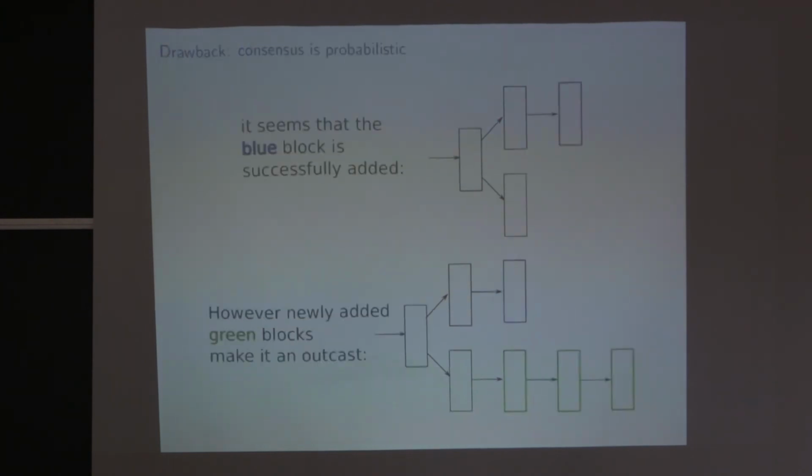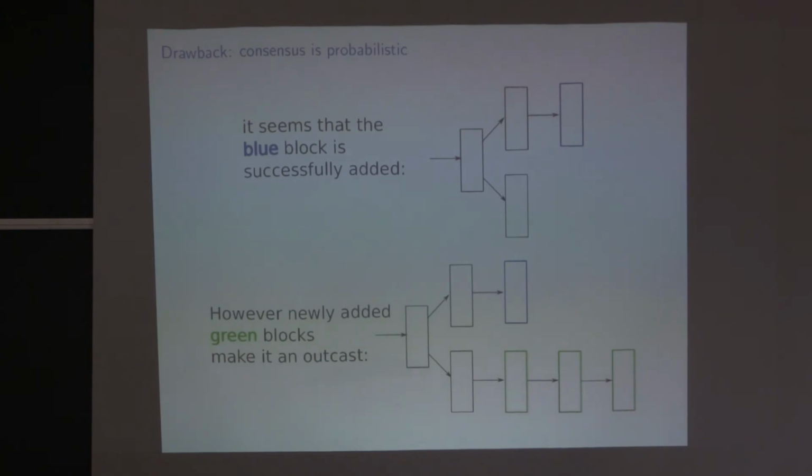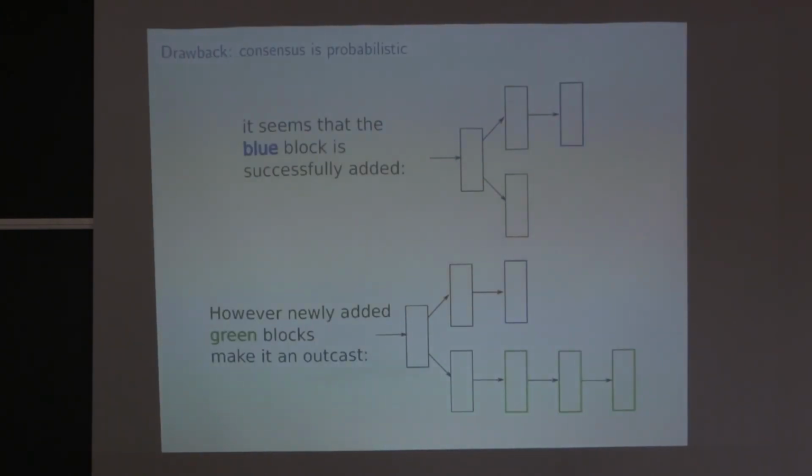But there is a little problem. Sorry. Why does it jump? Okay. There is a problem because this consensus among the observers, what is the current state of things, is probabilistic. Suppose I add some new information, a blue block, and it seems that it's successfully added, it belongs to the longest branch.